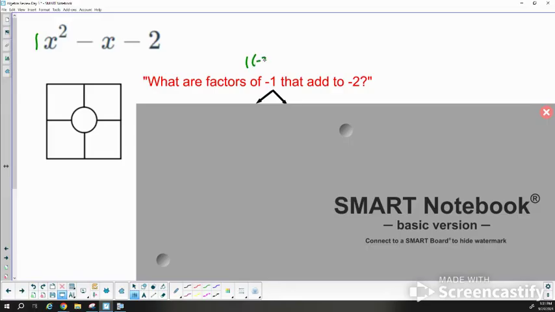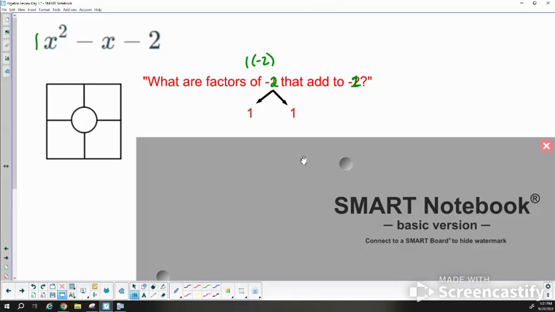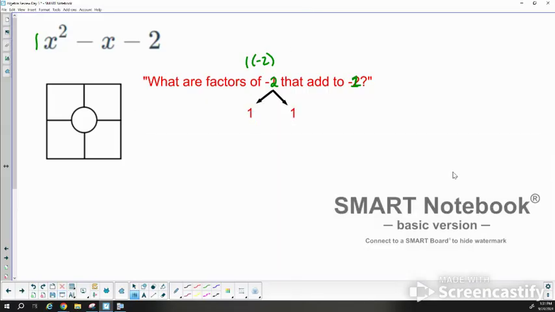So when I multiply those together, I'm looking for factors of negative 2 that add to give me negative 1. Should have checked that first. All right, so let's list our factors of negative 2. 1 times 2, and that's the only factors of negative 2.